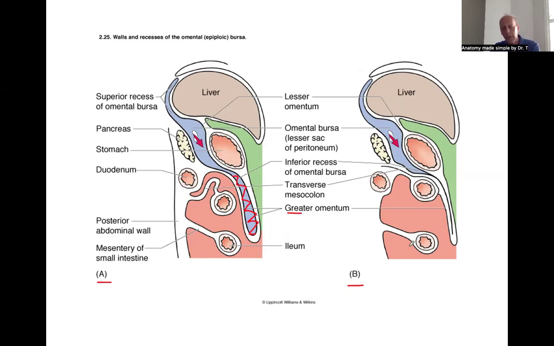Later in life, in adulthood, obviously that space becomes completely obliterated. There would be no more blue-colored area in the greater omentum. Practically, it has been completely resorbed, and the lesser sac or omental bursa is now reduced to a much smaller space, which sits mostly behind the stomach.